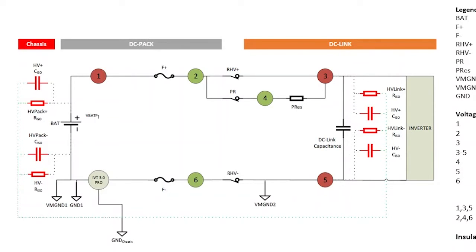And then voltage sensing point 5 will be the negative voltage link measurement down here, and measurement number 6 will be the voltage pack measurement on the negative end, right after the fuse on the negative leg of the battery.